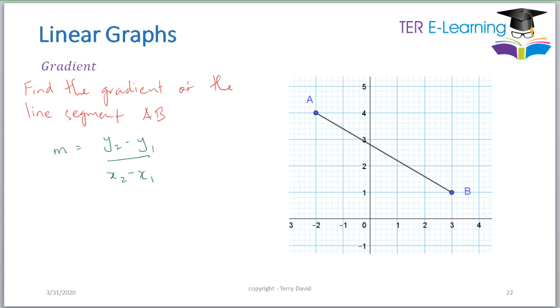Now, if you were here at the beginning, you would have realized I said if I give you a graph, you should be able to tell me just by looking at it if the gradient is positive, negative, or zero. So this graph is sloping a particular way, and that tells me whether the gradient is positive, negative, or zero. I'll wait to get some more answers before I work it.